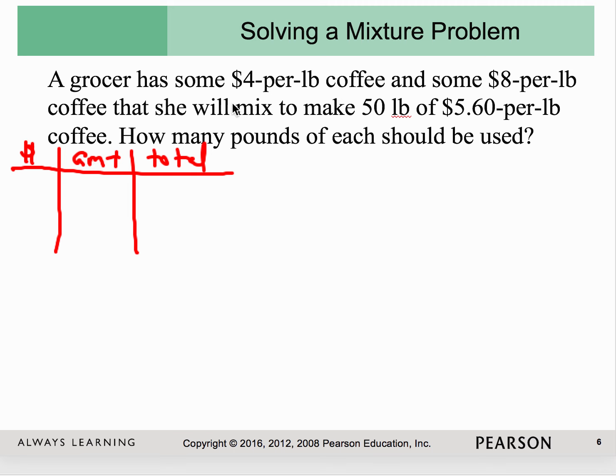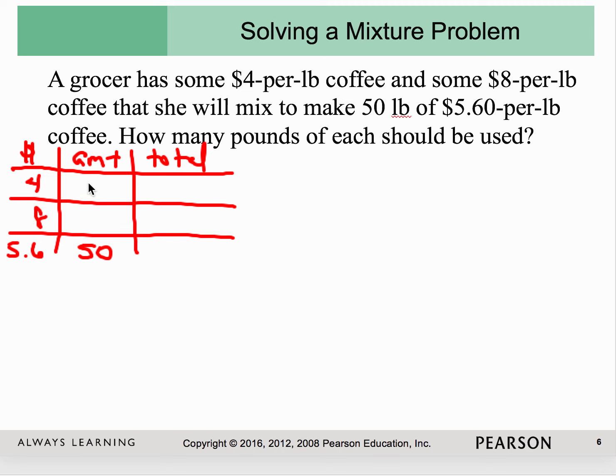So a grocer has some $4 a pound coffee and some $8 a pound coffee that she wants to mix to make 50 pounds. That's what she's going to get in the end. That's what she wants to wind up with. That's what she wants to make is 50 pounds. And she wants it to be $5.60. Okay, so she's got some $4 coffee and some $8 coffee.